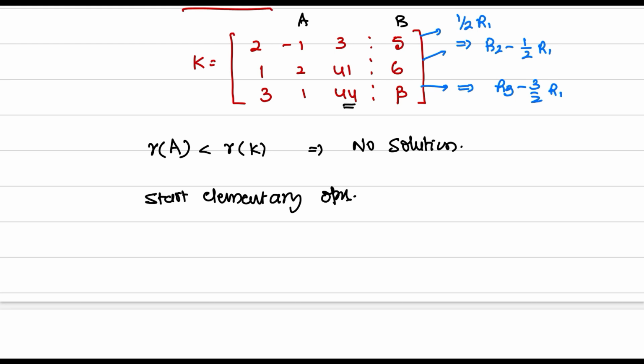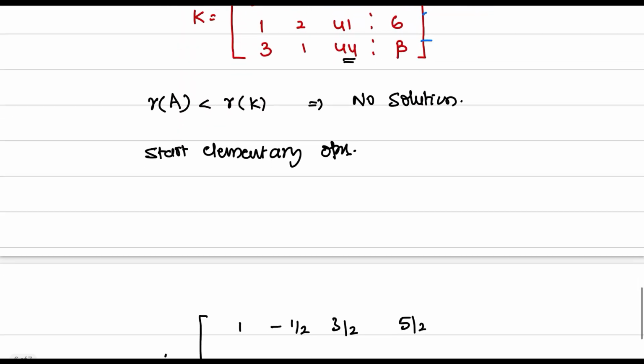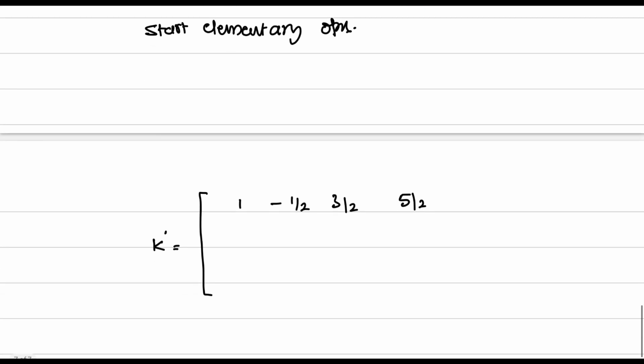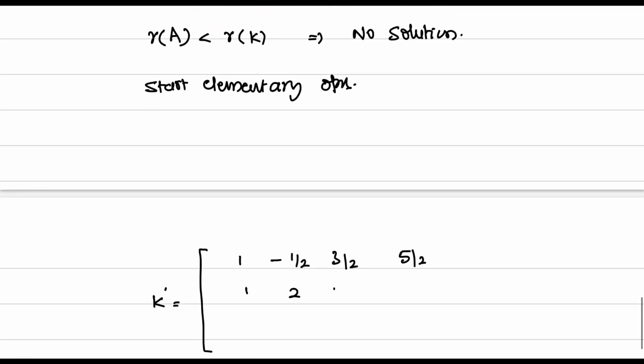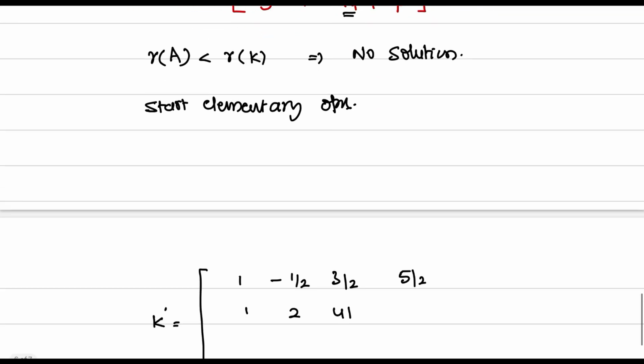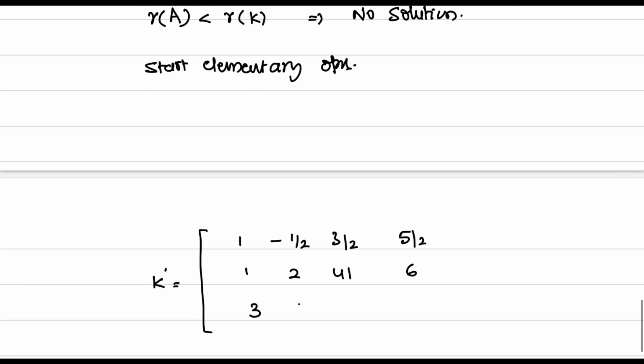These operations we will not simultaneously do. Once we have done R1 multiplied, then afterwards we will go back. Then 1 2 41 6, and 3 1 44 beta, because when we are operating 1, we should not do again simultaneously with others.